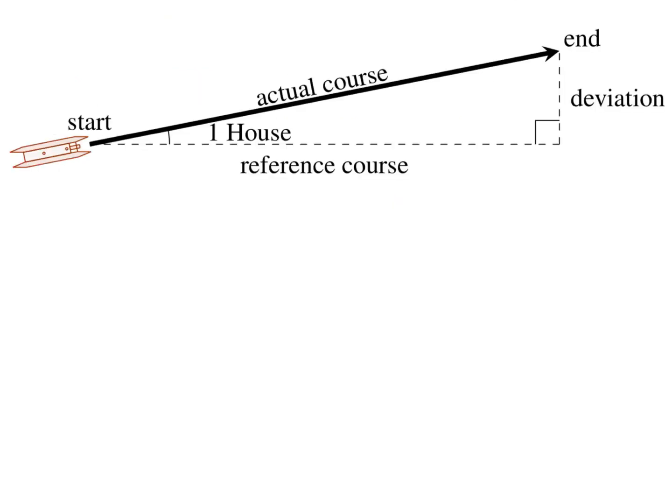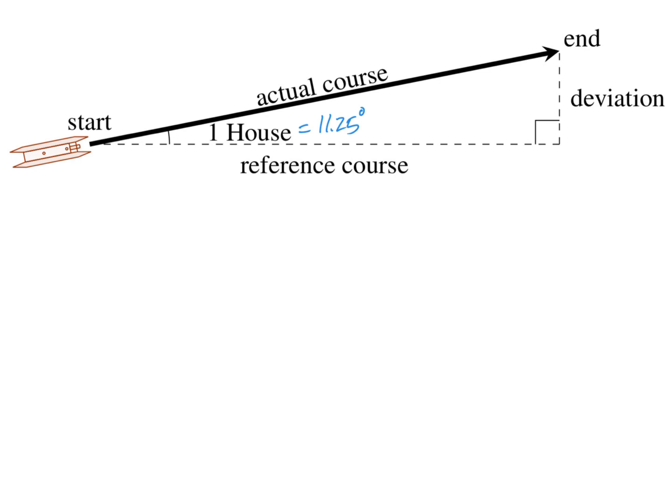All right, so now we're ready to go back to the problem that we first proposed when talking about right triangle trigonometry, and that's how far have we deviated if after one day we realized by using stars and other clues that we are off course by one house. Now, one house is 11.25 degrees.